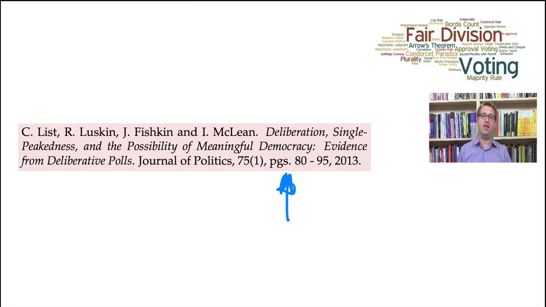When the voters get together and deliberate about all of the candidates, part of the process of that deliberation is that they end up having preferences that are single-peaked. So one might see the role that deliberation plays as forming preferences that are in fact single-peaked, and that will rule out some of the paradoxical situations that we've been talking about in this course.